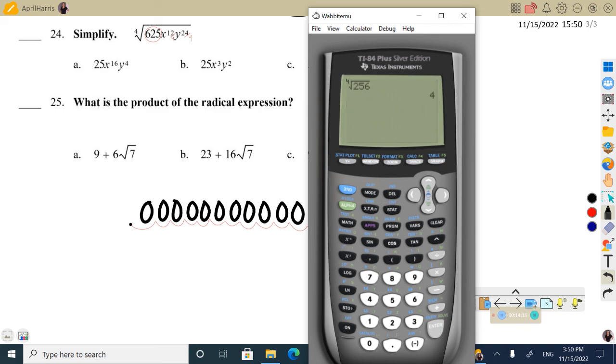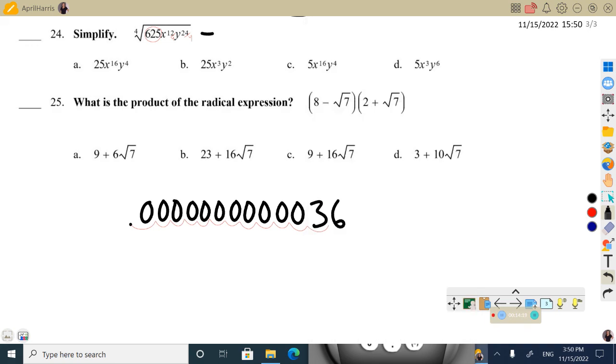Also, they're written on my board. Okay, so the 4th root of 625 is 4. The 4th root of x to the 12 is x to the 3rd, because 12 divided by 4. And the 4th root of y to the 24th is y to the 6th. So our answer, did I type in the wrong number?